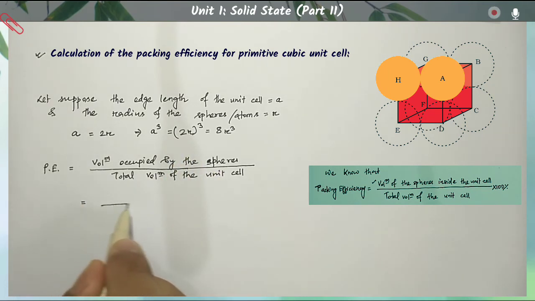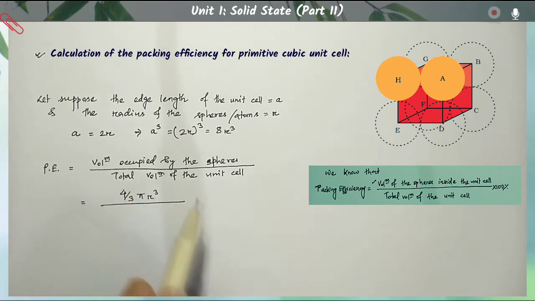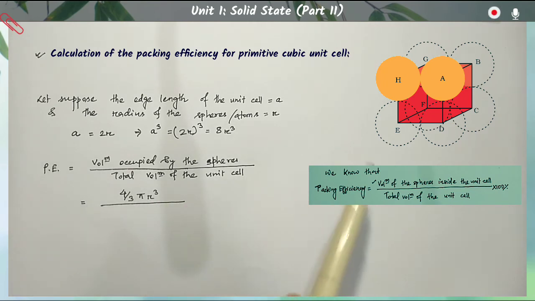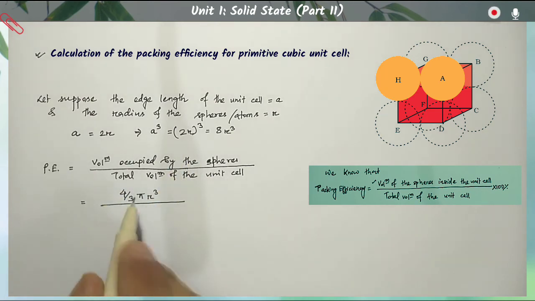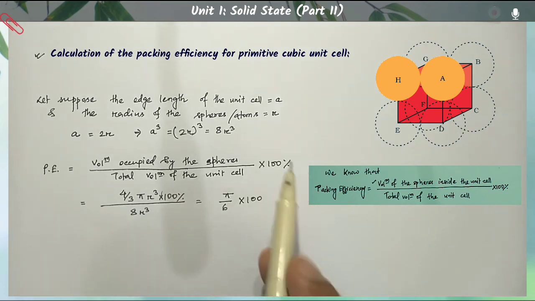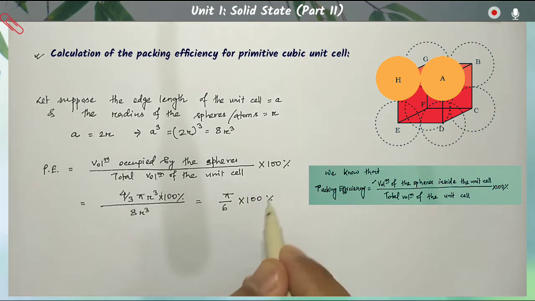We know that the volume occupied by 1 sphere is equal to 4 by 3 pi r cube, where r represents the radius of the atoms or spheres. In place of the total volume of the unit cell we write 8r cube. So r cube cancels, and we write 100%.